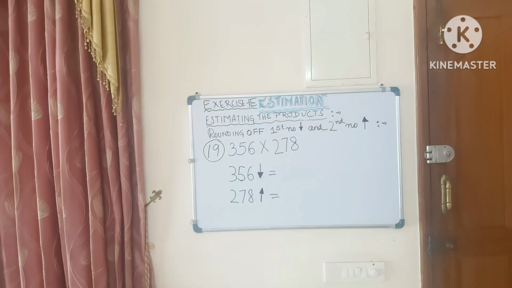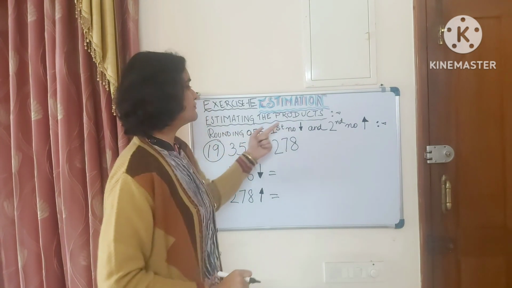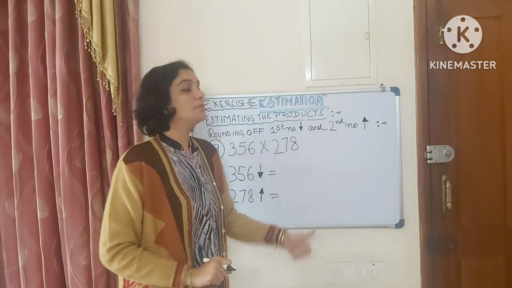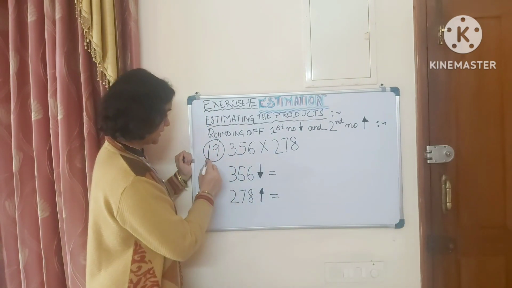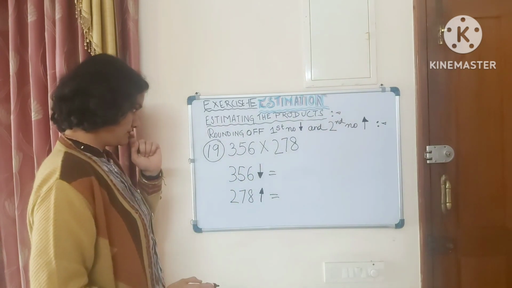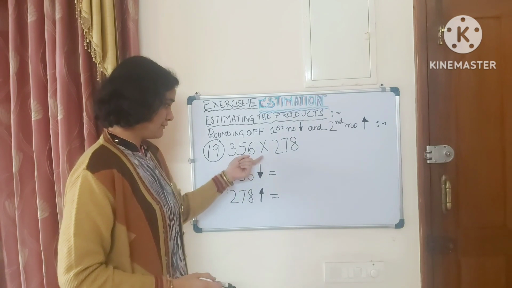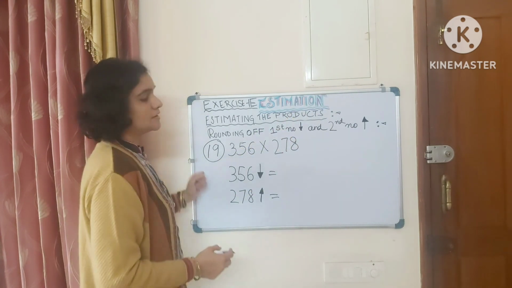Now we are doing the question on estimating the product, rounding off the first number downwards and second number upwards. Here we need to do just the opposite. I have taken question number 19, 356 into 278. This is the first number, so I have to estimate it downwards.